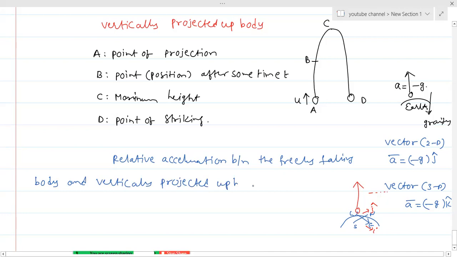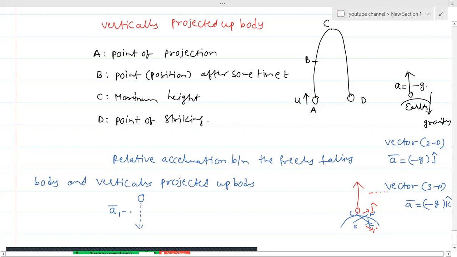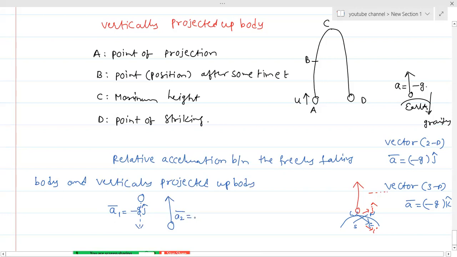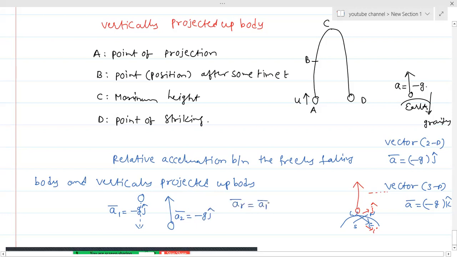For example, for the freely falling body, let us take A1 bar equivalent to, as it is downward moving, minus g into J cap. And whenever the body is projected upwards, just now we have taken A2 bar also equivalent to minus g into J cap. So the relative acceleration means A1 bar minus A2 bar, so the relative acceleration is equivalent to 0. So this is very, very important.